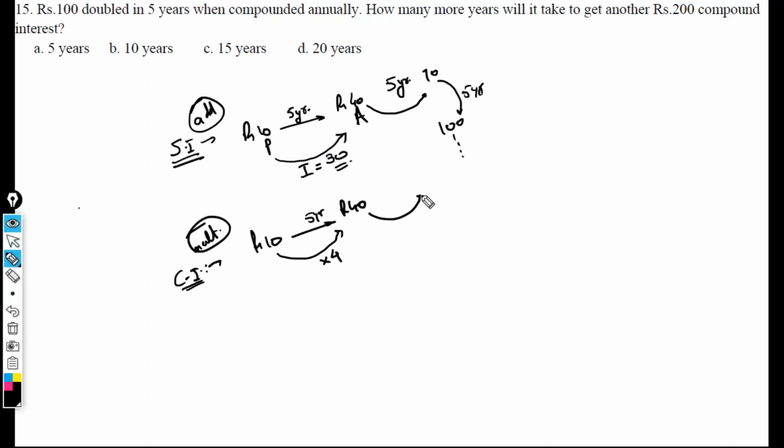So after another 5 years, your value will again be 4 times. So 40 into 4 comes out to be 160. In another 5 years, it will again get multiplied with 4. So it becomes 640.